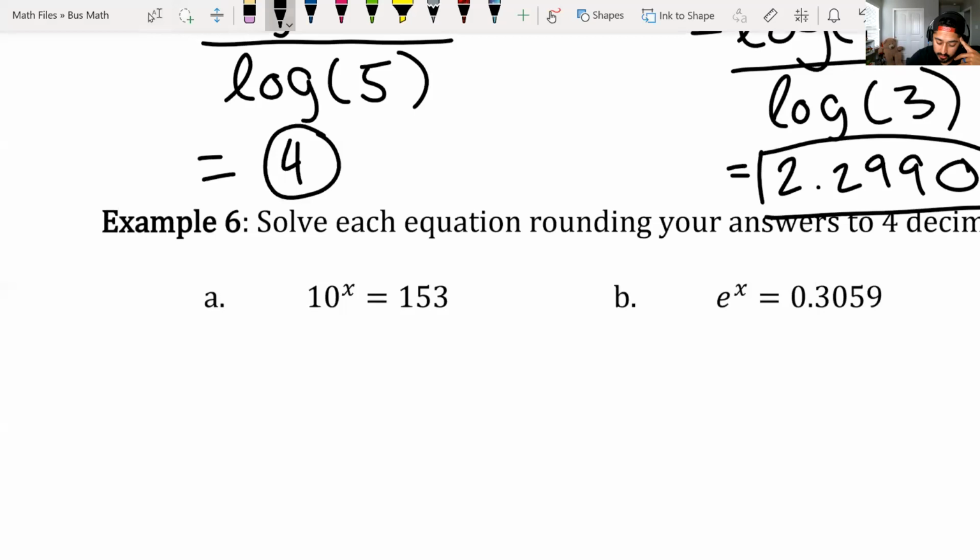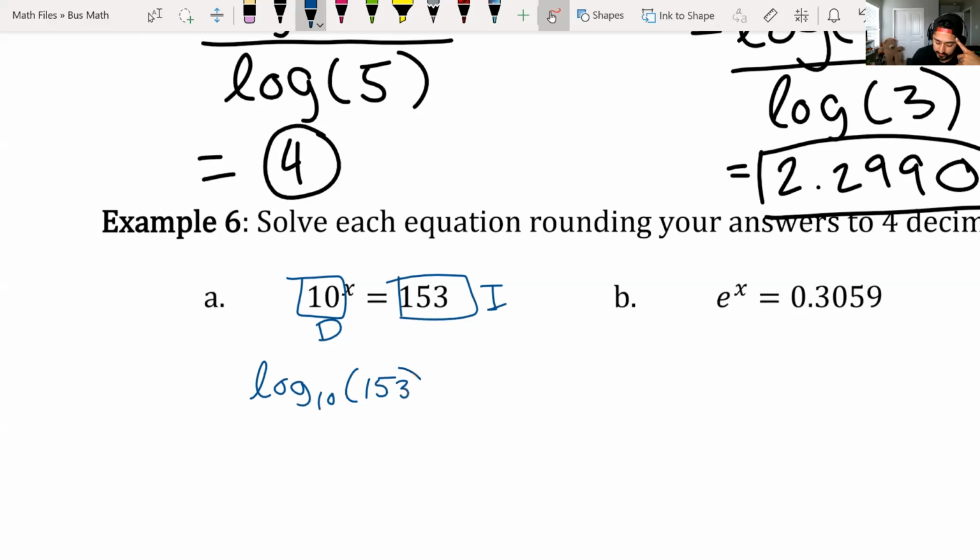So remember, if we are rearranging from exponential to log, this base goes down. So we'll have log base 10. This number goes inside, log base 10 of 153 equal to, this exponent goes out. So log base 10 of 153 equals x.